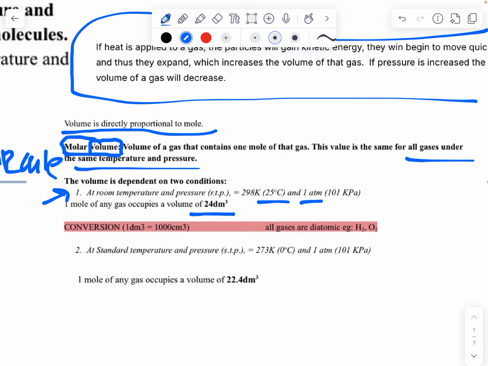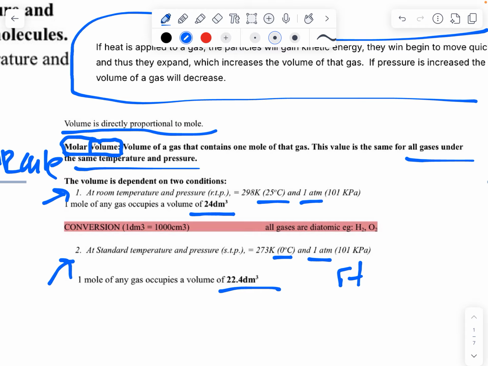The next condition that we're looking at is standard temperature and pressure, STP for short. Standard temperature and pressure is 0 degrees Celsius and 1 atmospheric pressure. At standard temperature and pressure, all gases will occupy 22.4 dm cube. So you need to remember these.